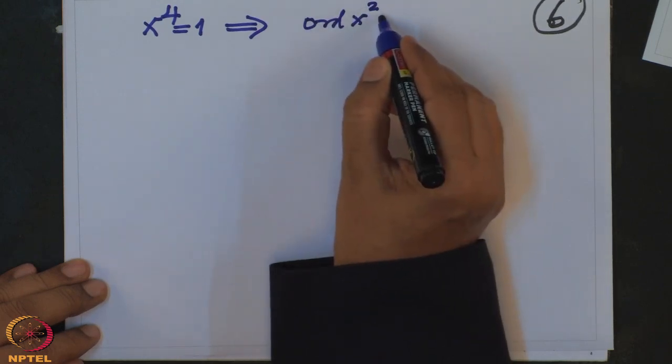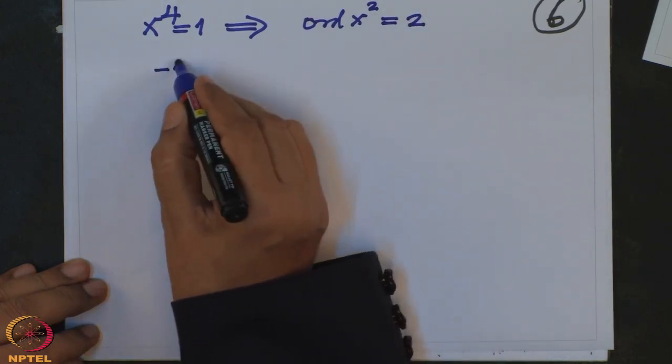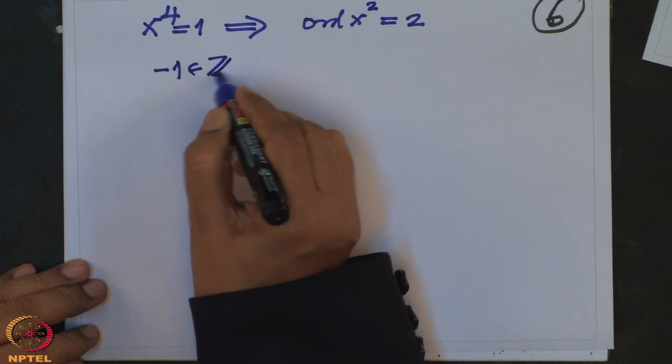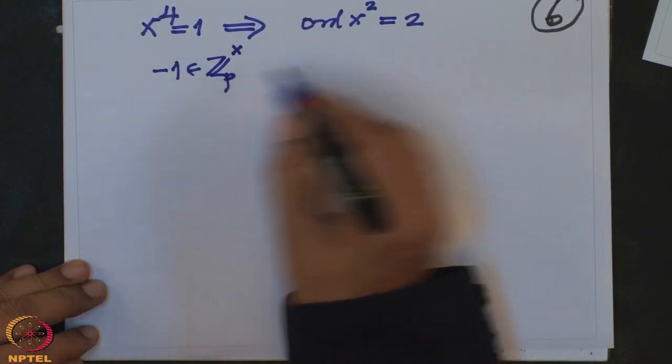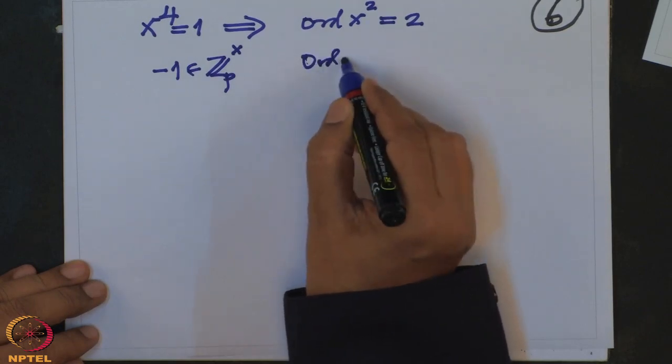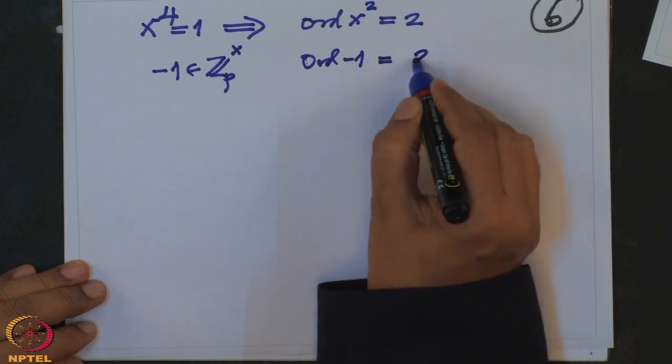The order of x square has to be 2. Minus 1 is an element in Z mod P cross. And what is the order of minus 1? The order of minus 1 is also 2.